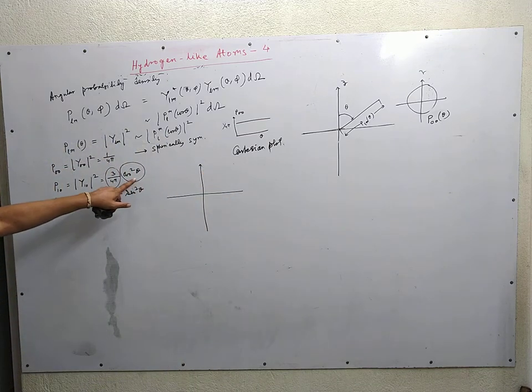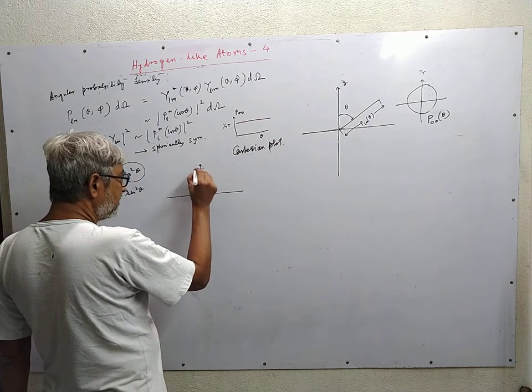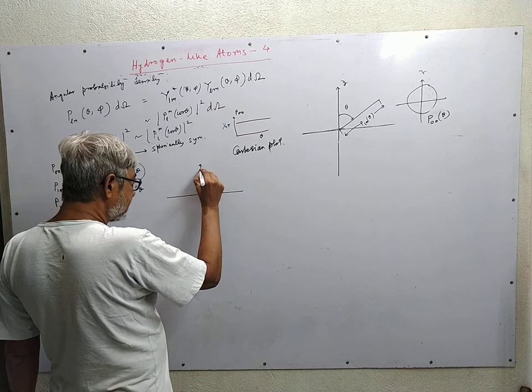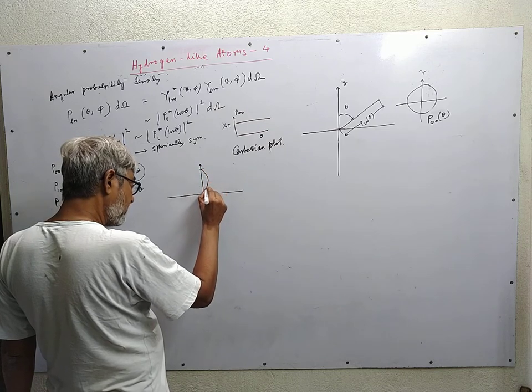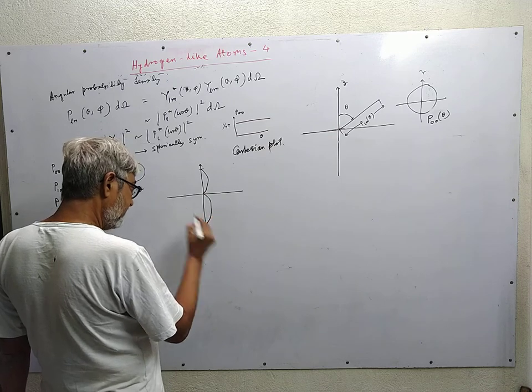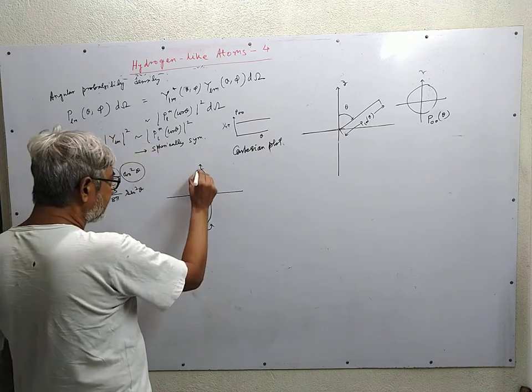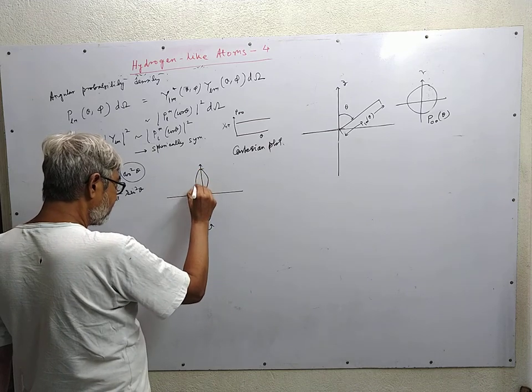At theta equal to 0, this is maximum, this is 1, and as theta increases, it comes to 0 at 90 degrees, and then when we rotate it about phi, we get a curve like this.